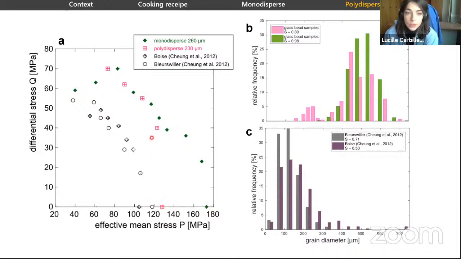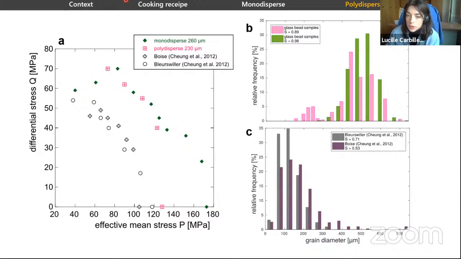And what's really interesting is that this observation was previously made on natural rocks, and this is something that was shown by Cheng et al. in 2012 using Boise and Berea sandstones.